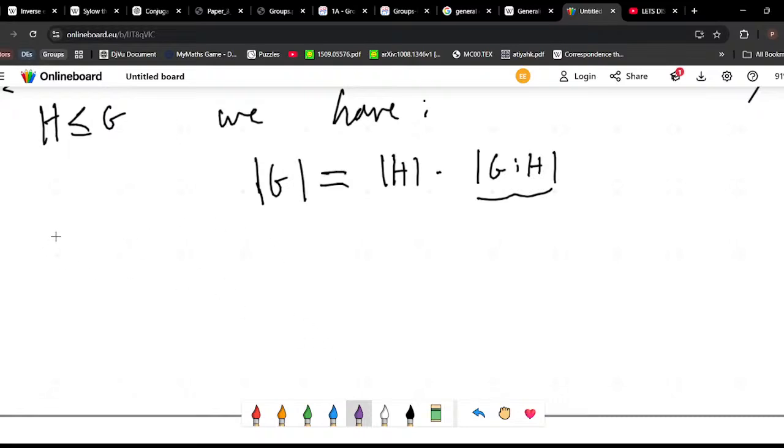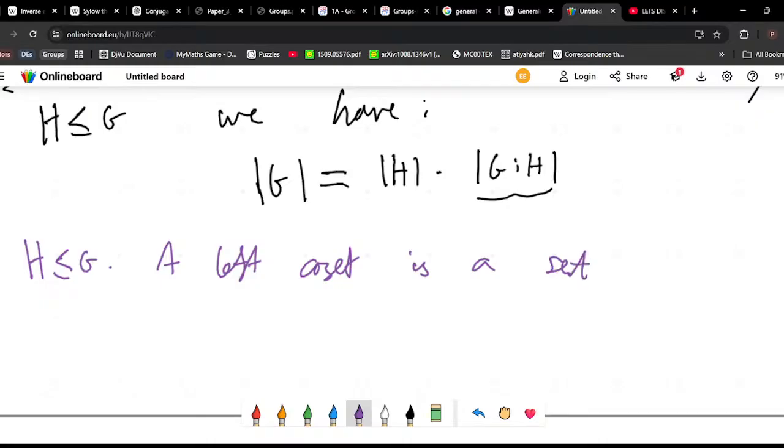Let's say you have some subgroup H of G. Then a left coset is a set of the form gH. Is it a group? No, it's not. It doesn't have the identity.